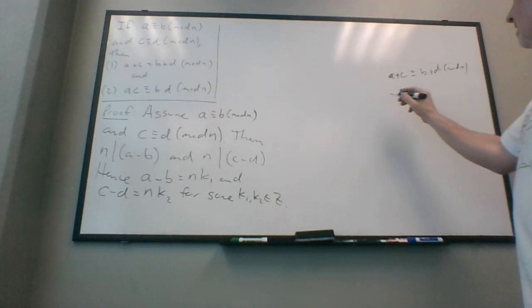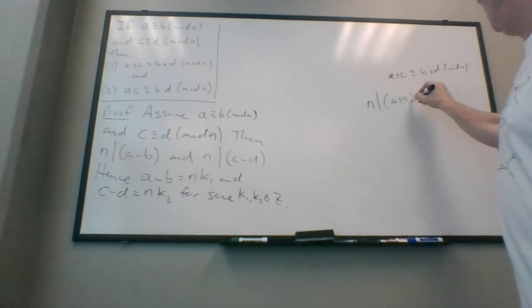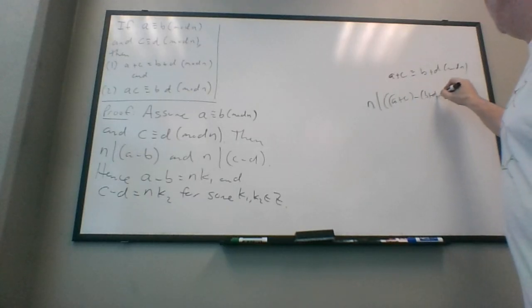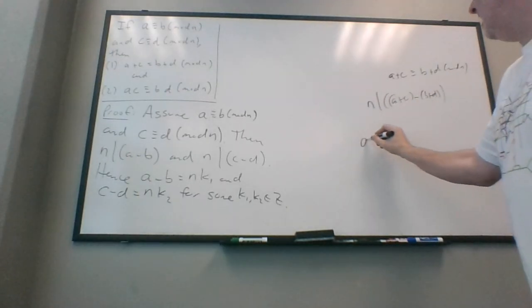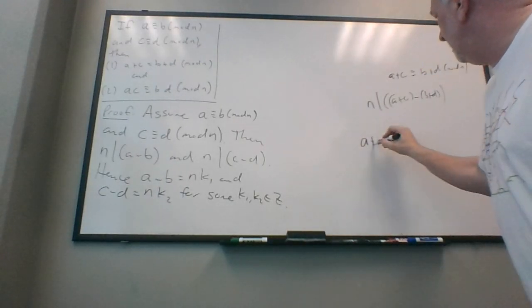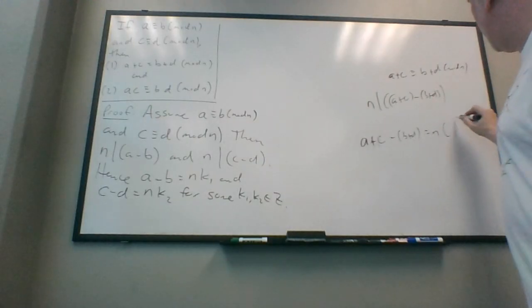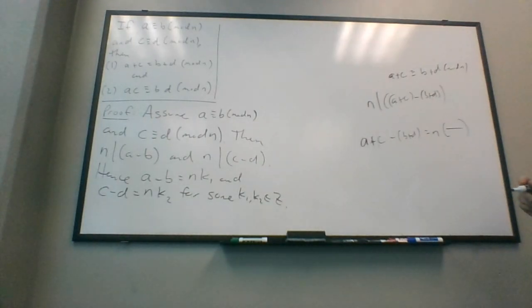Well, what would that mean? That means n divides the difference, A plus C minus B plus D. So we need A plus C minus B plus D to be n times some integer. That's what we need. Okay?